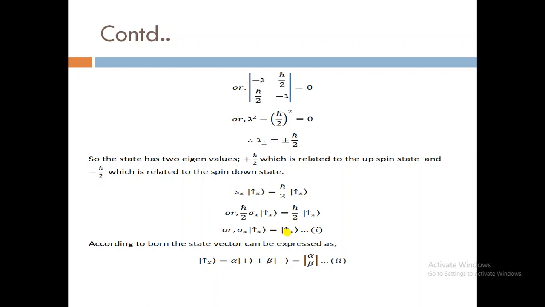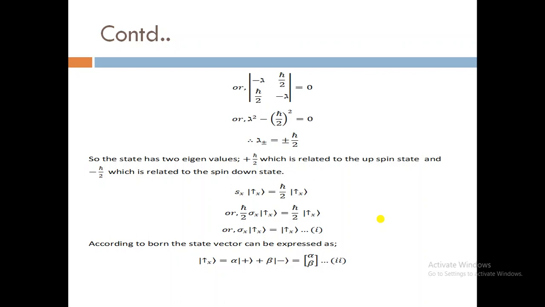And Pauli assumed that this state function would be the superposition of up and down states, where the up state would be equal to (1 0) as we have discussed before, and the spin down state would be represented by (0 1).